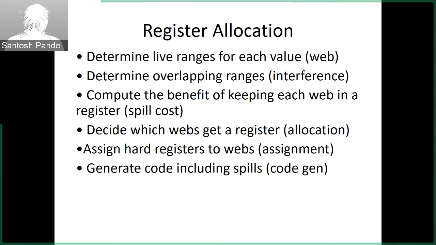If they're in a doubly nested loop, they are given even more weightage, which is 10 to the power 2 typically. 10 is an arbitrary weightage that is given if they're in a loop. And it's a static analysis, so we don't know exactly the frequency of execution of a loop. So we just weigh them more than the ones which are outside of the loop.